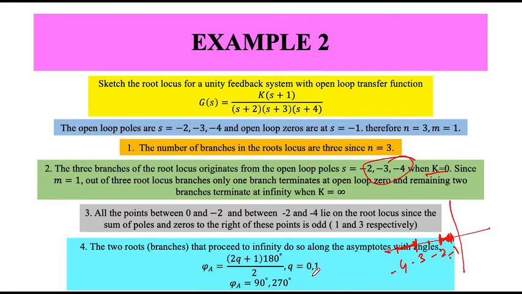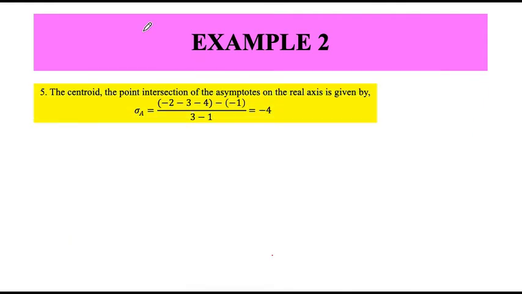This is a pole and this will terminate at the zero. These two go to infinity, so what will be the angle? The angle will be 90 and 270. Okay, and we will calculate the centroid point. Again, real part of poles minus real part of zeros, divided by number of poles minus number of zeros. So this is my centroid.